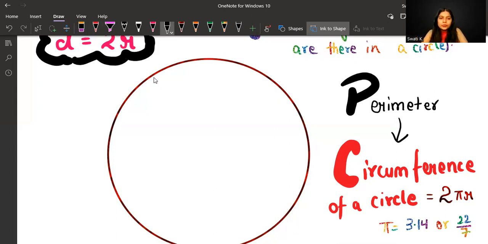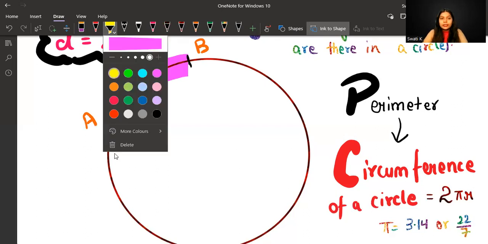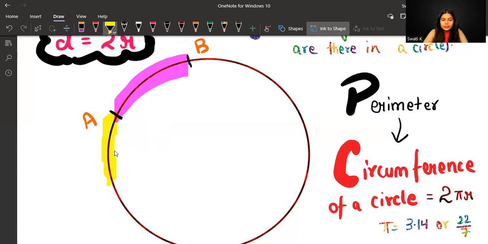Now imagine I just want to find out the perimeter from this part to this part only. Clearly you can see that this is nothing but a part of a circle, a small part of the circumference. Now this small part is called an arc. Because we have two arcs here, first is this arc, another is this arc.